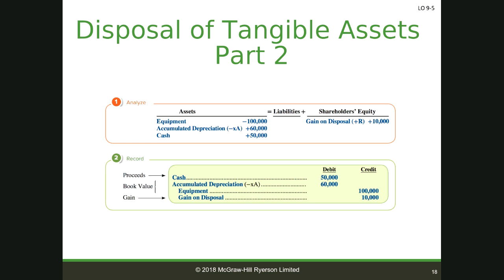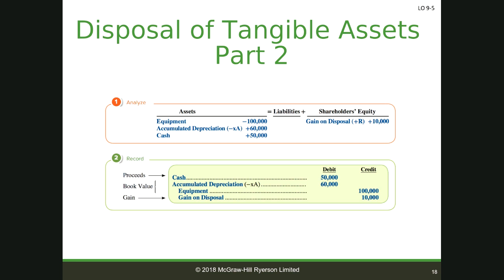And when we add up those debits minus the credits, all on the asset side, plus 100, plus 60, so that's 160, plus 50 is 210, minus 80, is $270,000.